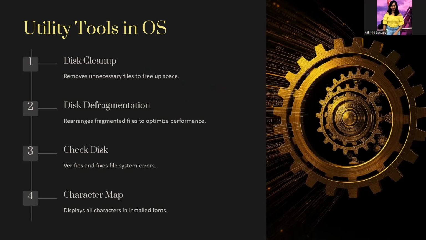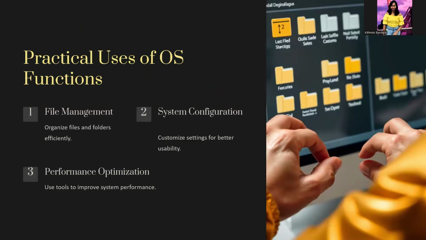Okay, then next one is practical uses of operating systems. Let's look at the practical applications of what we have learned. File management organizes the files and folders to keep our data neat and accessible.